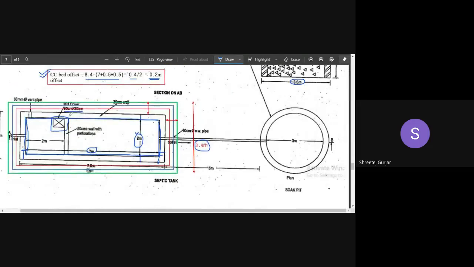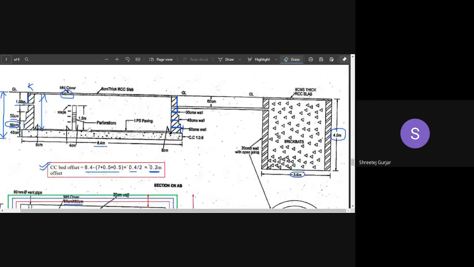This is your baffle wall over here. This is a 20 centimeter thickness baffle wall, which is provided in between, right? Breadthwise, here also you can observe this is your baffle wall.